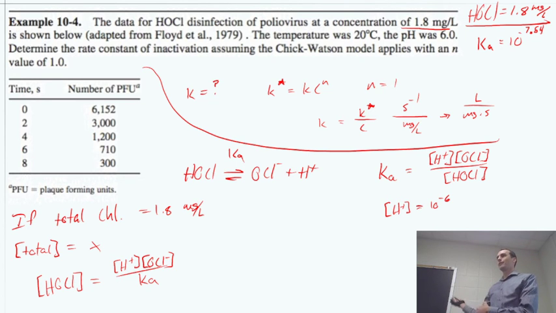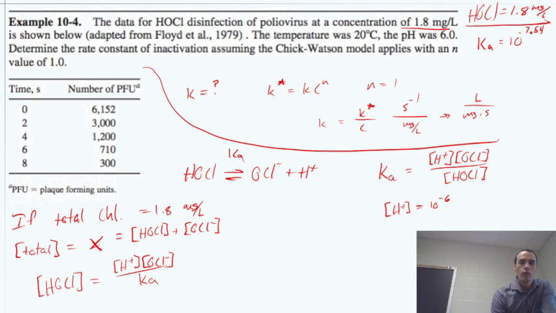So we actually need a system of equations here to get to our HOCl concentration. We also know that this total is going to be equal to HOCl plus OCl minus. So that lets us have a system of equations, because if this is X, we can then solve for OCl minus in terms of HOCl, and then substitute that in there, and then simplify.